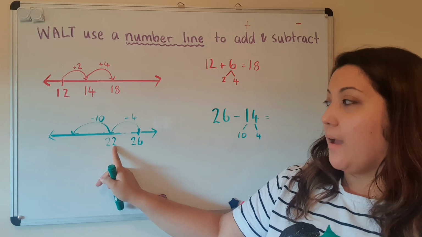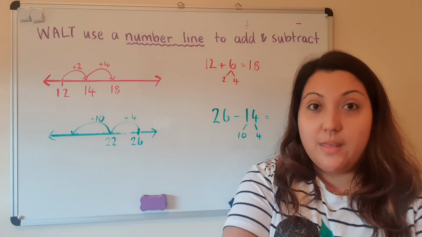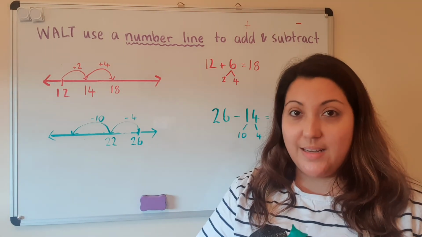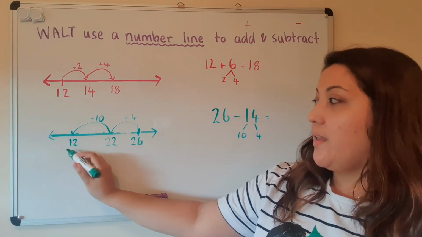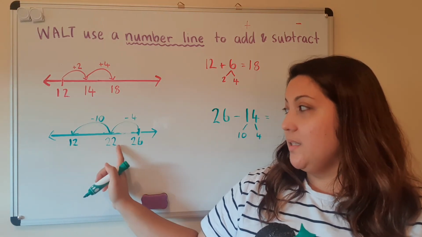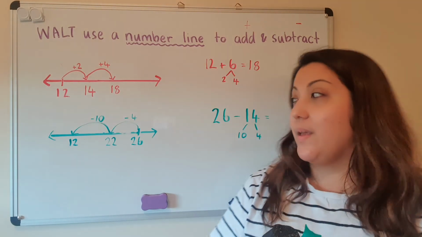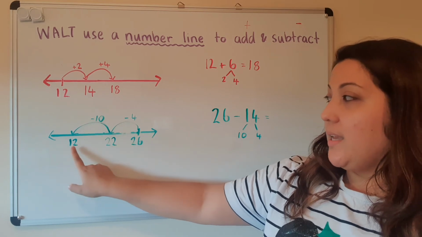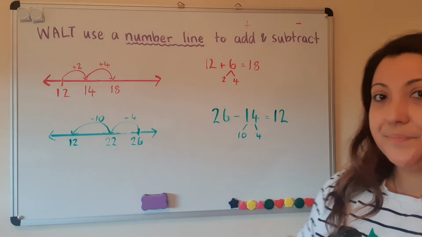But we're going to go backwards by 10, and we need to just go backwards in the tens column one time. So 22 take away 10 is going to be 12. Can you see some similarities with these numbers, boys and girls? I can see that the 2 is the same, just the tens column has changed because it's gone backwards, it's become smaller. So I've got my 22 take away 10 equals 12, and that is my answer.